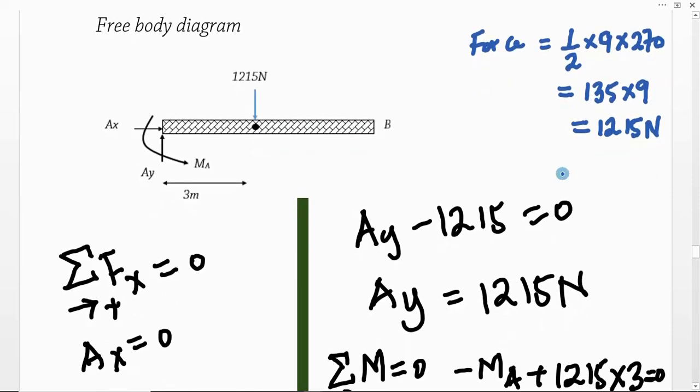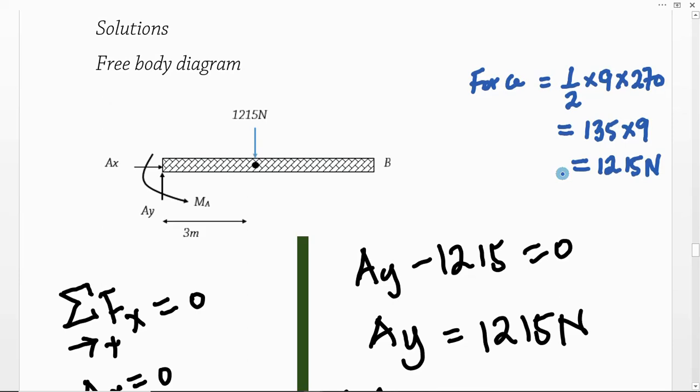Okay, so that force acts at a distance equivalent to a third of the total length. So it will act at a distance equal to 3 meters. So we realize that point C is at a distance 3 meters, and that's where that particular force is going to be acting. Now, when we have defined how to calculate this force of 1215 newtons, we have the external forces.